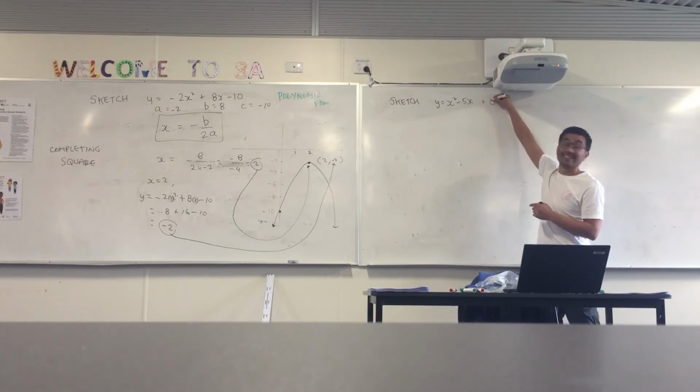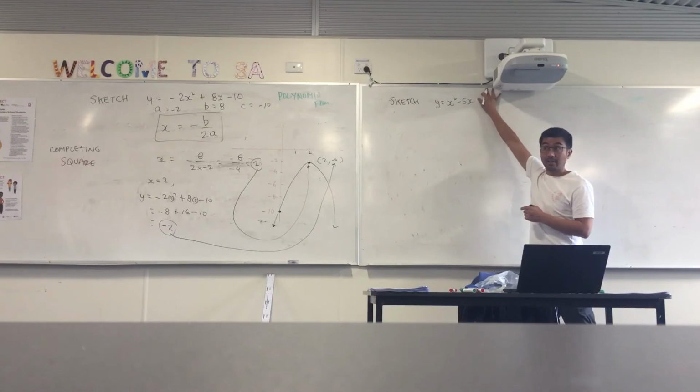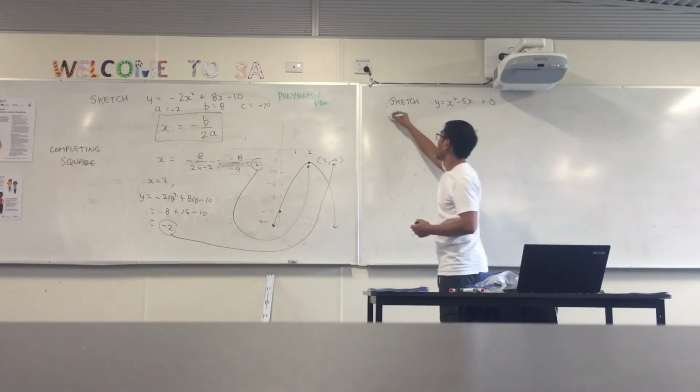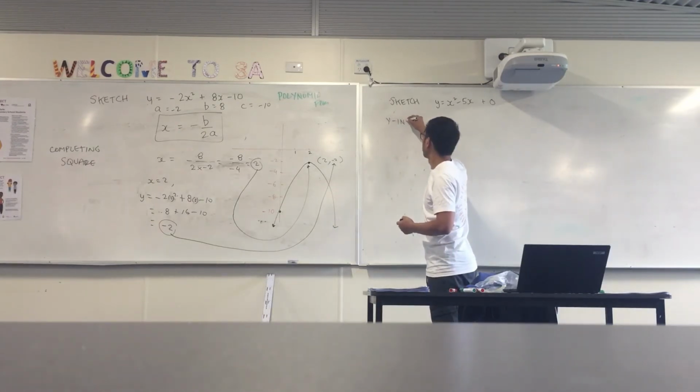The origin. It's in polynomial form, but there's actually 0 there. So we know straight away the y-intercept is equal to 0.